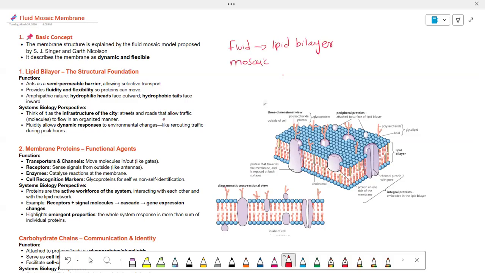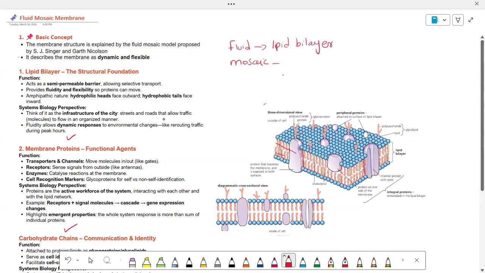Why? Because you can see in this diagram, this membrane contains different components like proteins, carbohydrates, and cholesterol, and all these components are embedded in this phospholipid bilayer and form a mosaic pattern. That's why we call it fluid mosaic membrane.